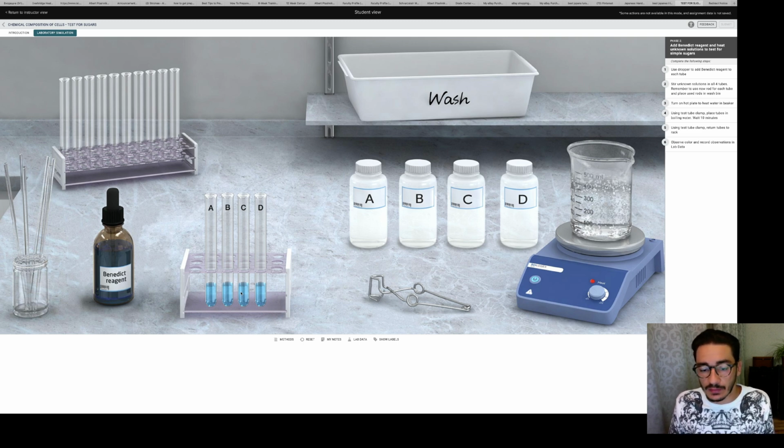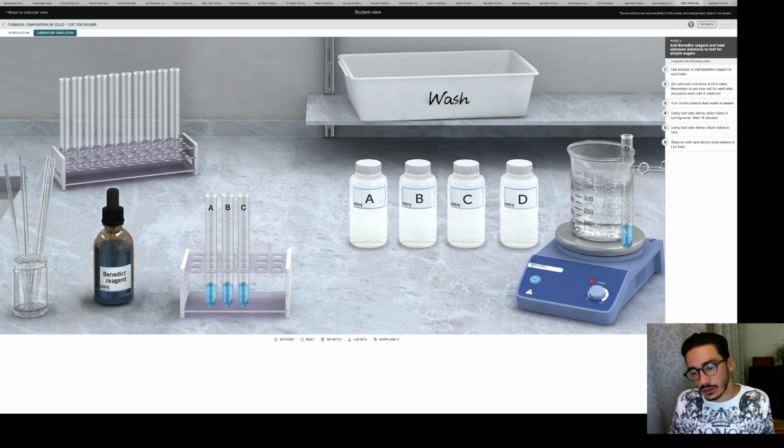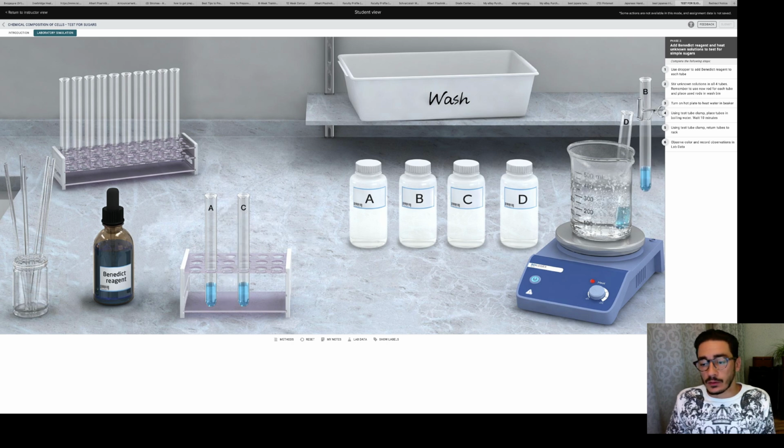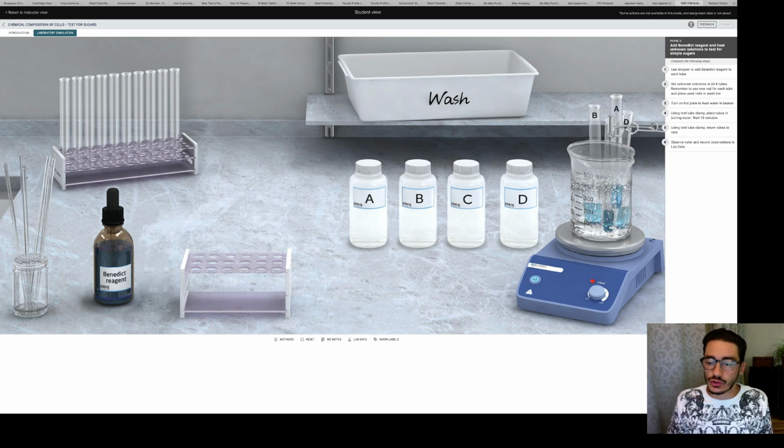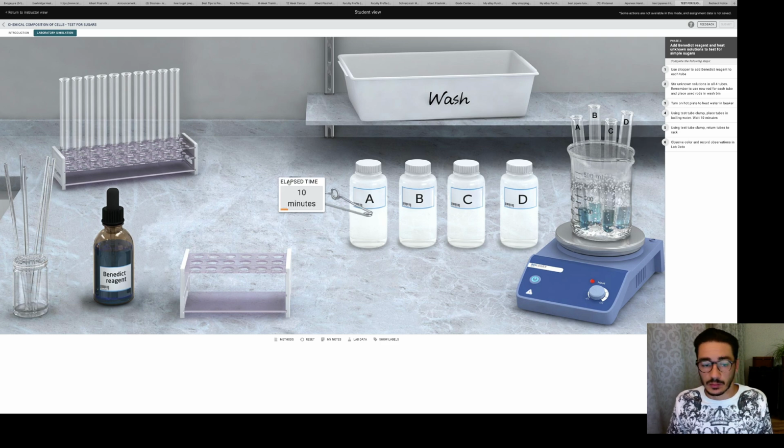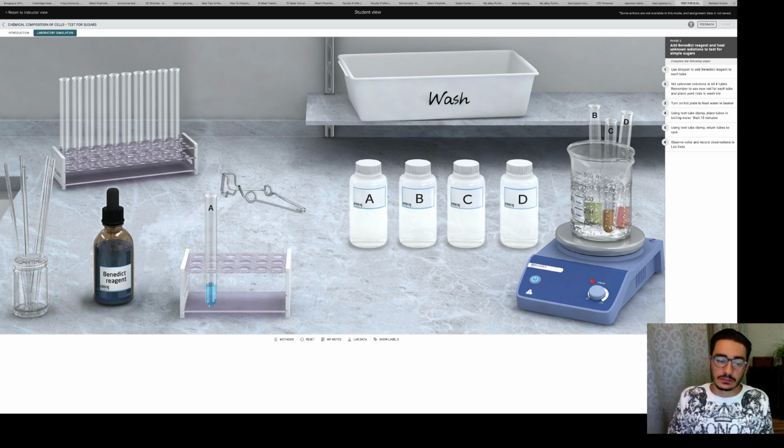The heat in this case is going to be the energy to help the Benedict reaction proceed. Then you take your tubes and put them in the hot boiling water, and you wait 10 minutes. As you see, the color starts to change. So you put them back.